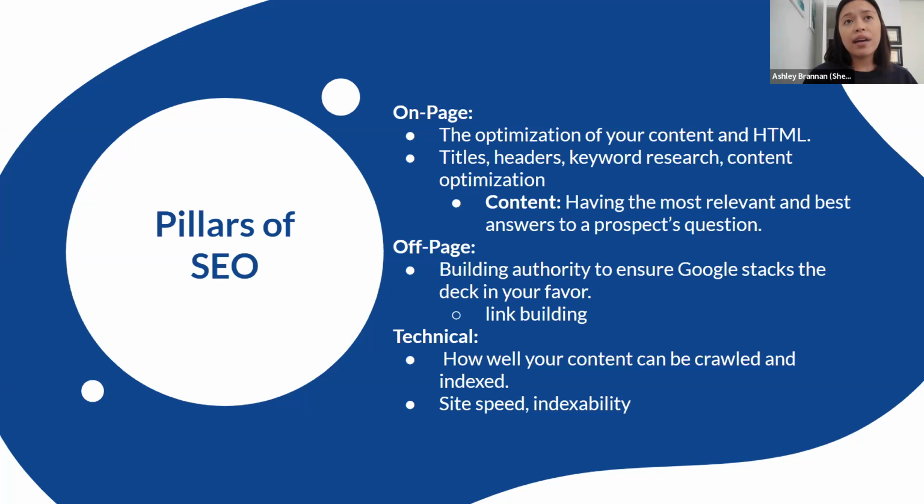And one of the ranking factors that goes into this is authority. And that really boils down to how much of an expert Google sees you and your website. And the way that we can gain authority is by getting other websites to link back to your website. I like to think of it as when we were back in school and we were writing research papers and we had to cite credible sources for our papers to be deemed as credible.